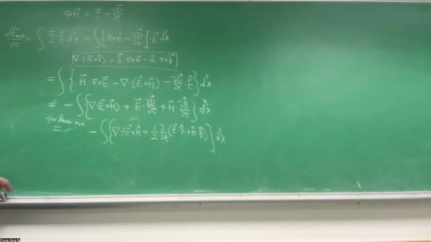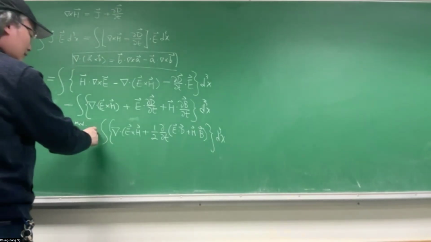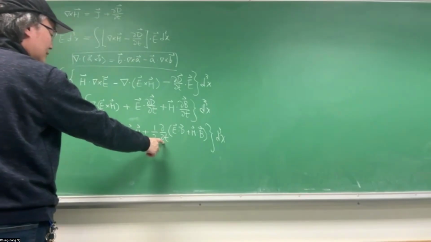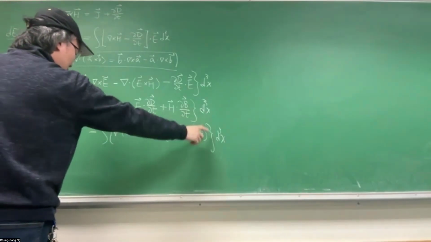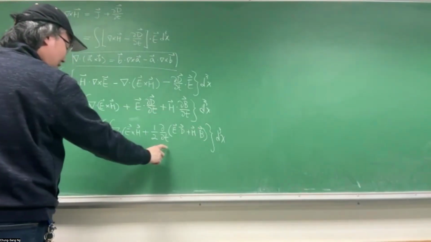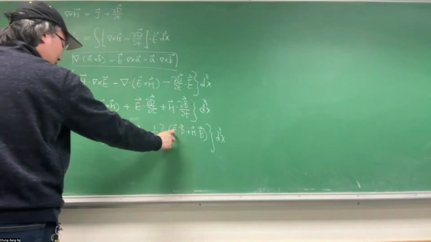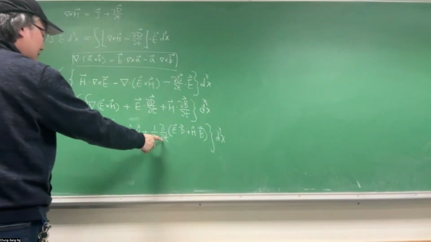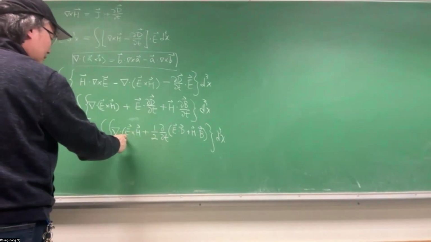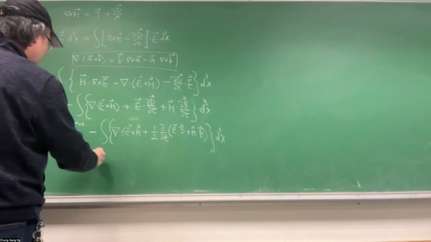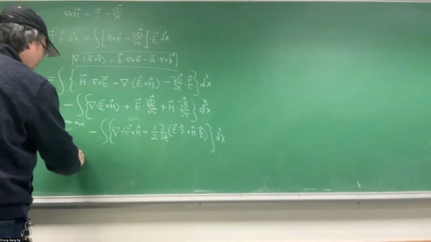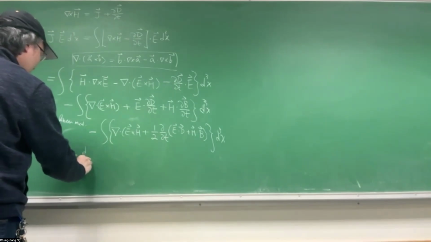So the reason to do that is now you take the time derivative as the total time derivative of a quantity. This is the quantity E dot D plus H dot B. Then you can take that time derivative out of the integration. So write it as the first term, minus d/dt.